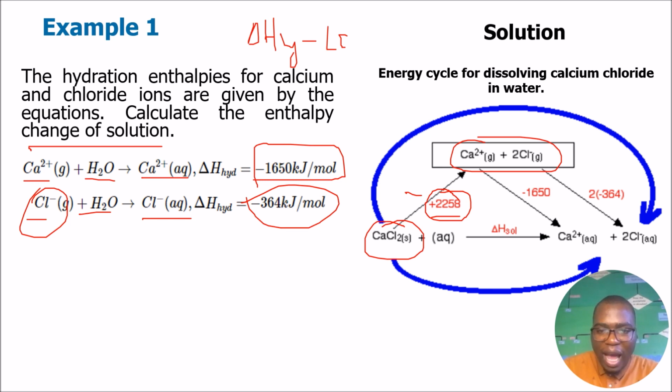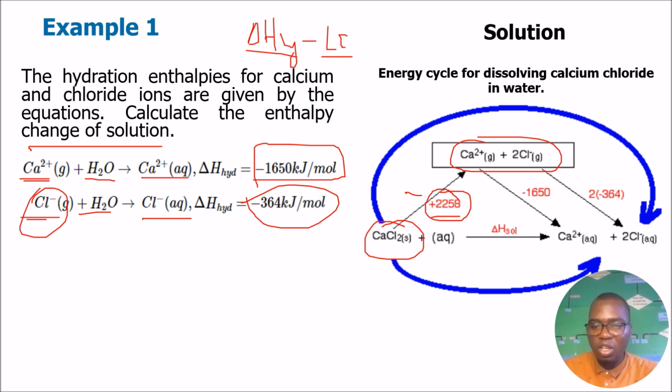But how about our hydration energy? Because according to our formula, we need the total hydration energy and the lattice energy as well. So for the total hydration energy here, we need to add the hydration energy of calcium and also the hydration energy of chloride. But when you look at your cycle here, the cycle should be composed of balanced chemical equations.